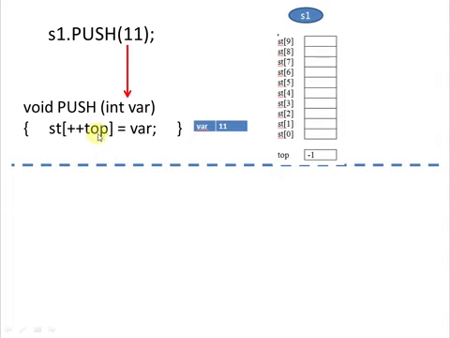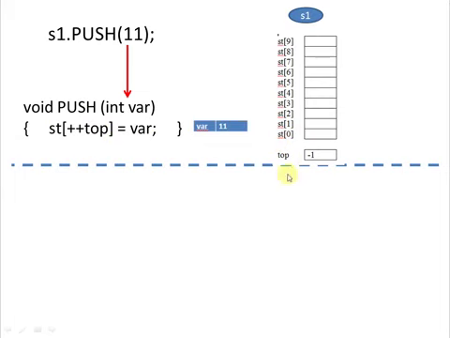Actually, the top variable will increment itself first, so it will become 0 from -1. It will point to this location, and then the value will be stored at st of 0. St of 0 is this location.